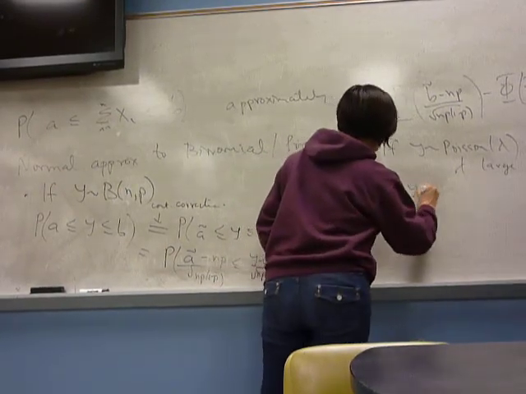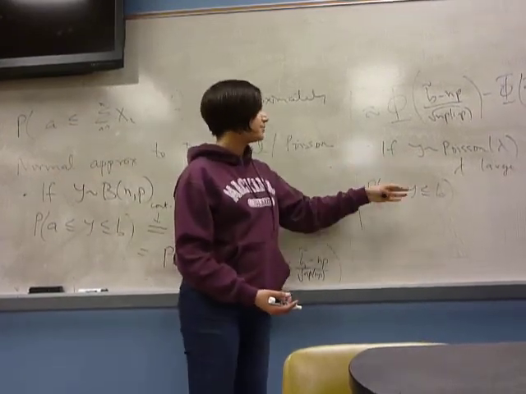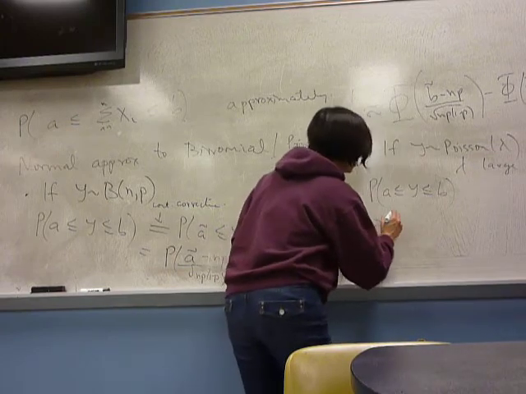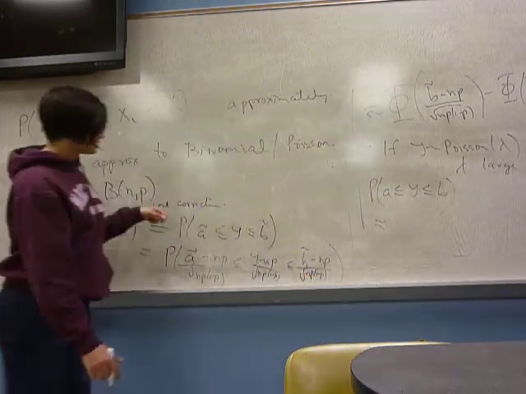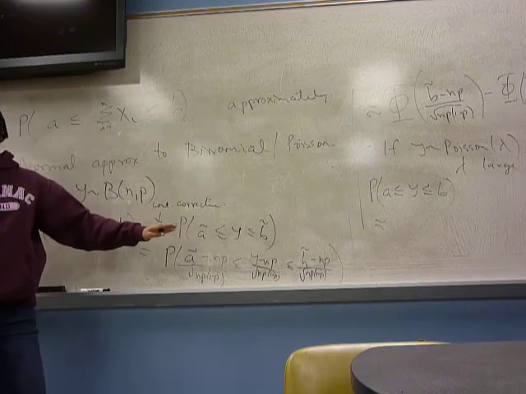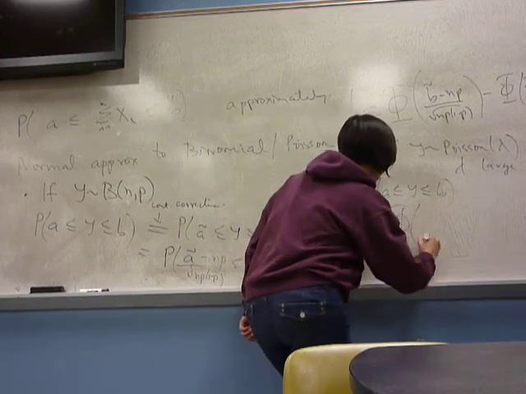So if I ask you to find the probability of Y less than or equal to b, where Y is Poisson lambda, again, this is just going to be approximate. You do the same thing. You would say Y minus the mean, which is lambda, divided by the standard deviation, which is the square root of lambda, and you would get that this is approximately normal.